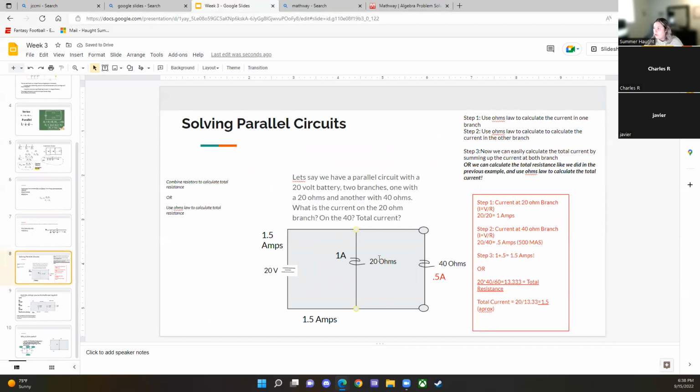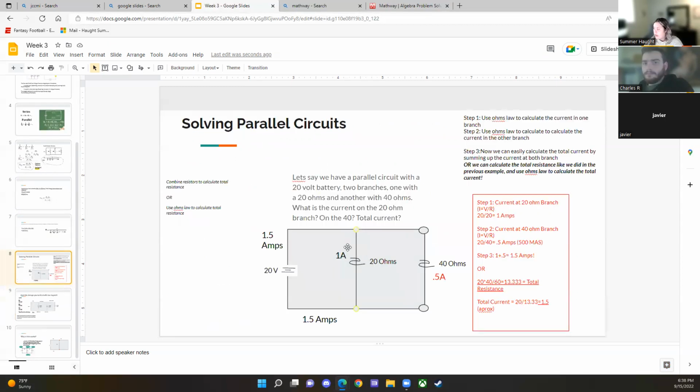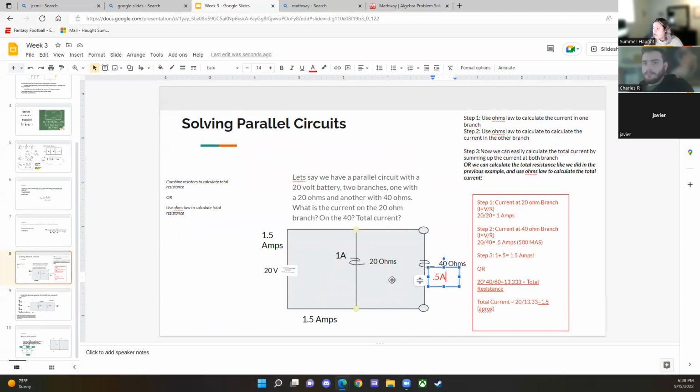Then we were able to calculate the current at specific branches in a circuit by taking the total voltage divided by the resistance of that branch. And then we took it a step further and showed that what you end up finding in your calculation should make sense when you add and subtract them back together. So it's important to draw your circuit, because then you can easily calculate this.